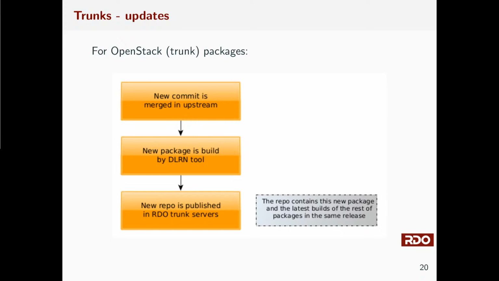If such a change is detected, creating a new commit, we have a new package built by the DeLorean tool. And if the process is successful, we are creating a new repository and publishing it on our RDO trunk servers. And this repository we are publishing here is not only the package, it is a whole repository, containing not only the new package but also the latest builds of the rest of the packages in the same release.